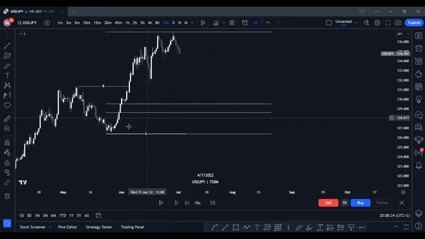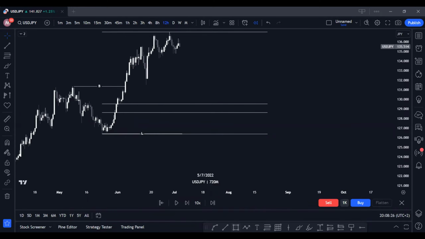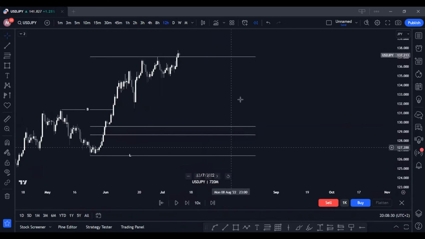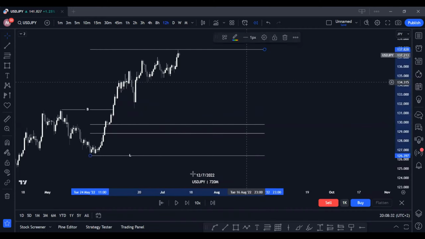Okay, so since we have our golden zone level here, price pushed to the upside a little bit.